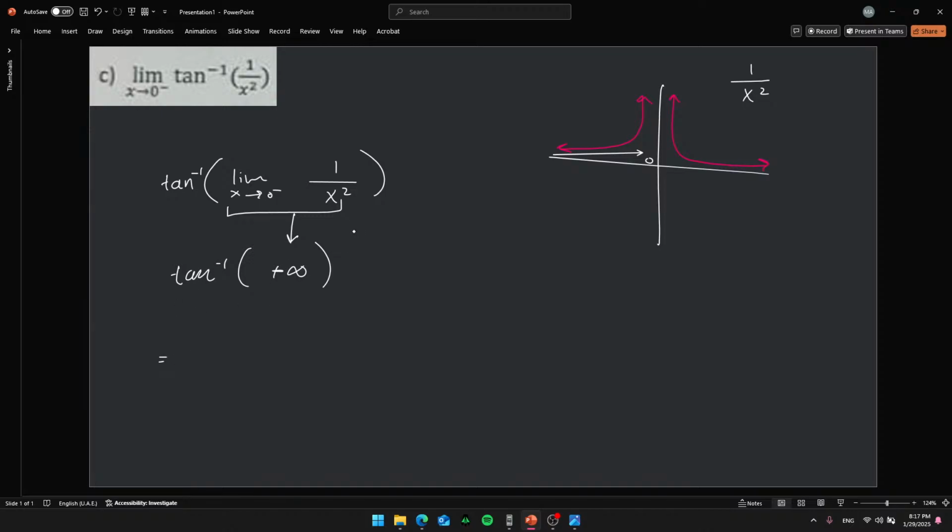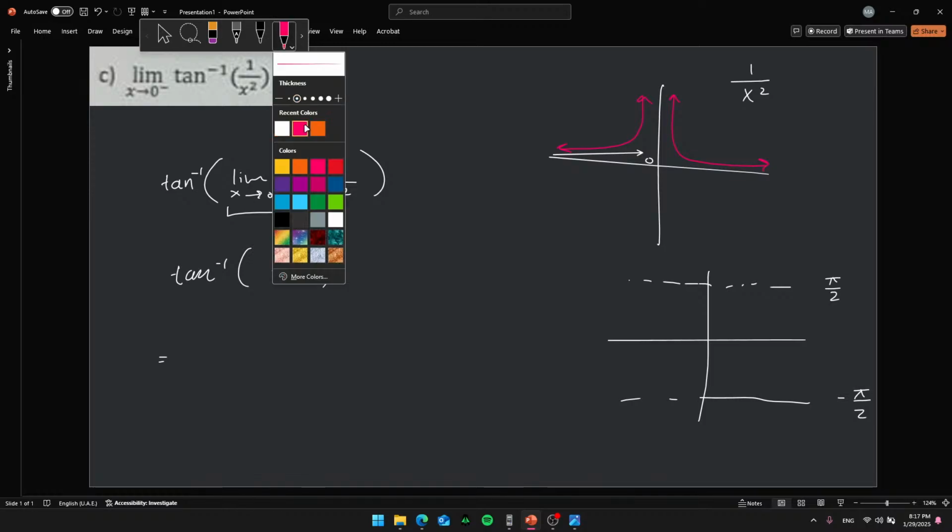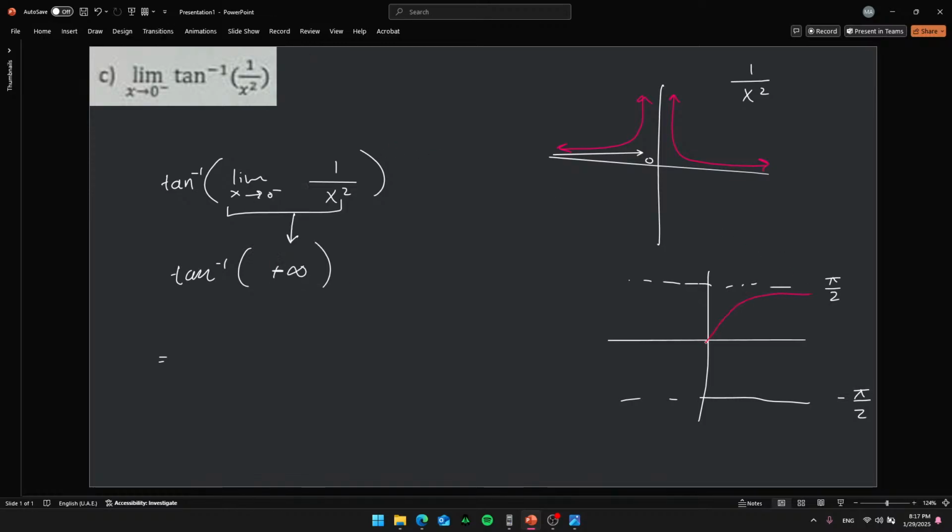Now, for tan inverse, you also need to know the graph of tan inverse. Pi over 2, negative pi over 2, and the graph looks something like this. So x approaches positive infinity.